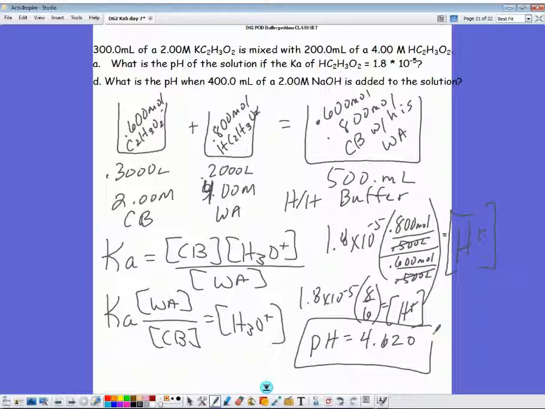What I did in the beginning was volume times molarity gave me moles, and then if I divided by 0.5, I'm cutting the 0.6 in half and the 0.8 in half. You have to divide them by total volume.